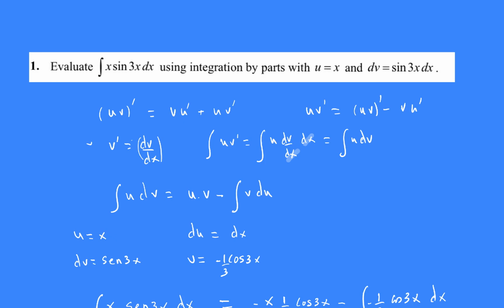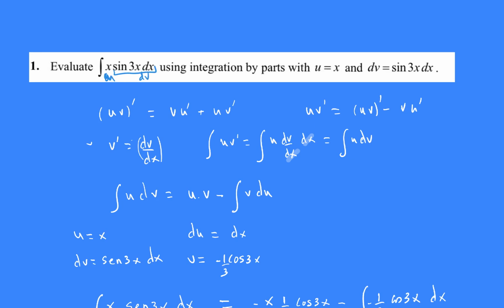So in this problem they say use u equal x. So the u is here, this is the u. And use dv equals sine 3x dx. This is dv, dv is sine 3x dx. So this is the u and this is the dv.